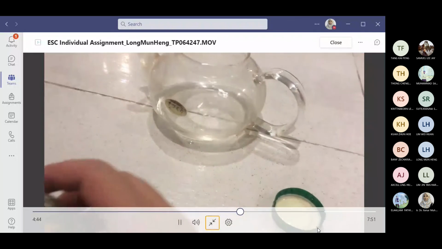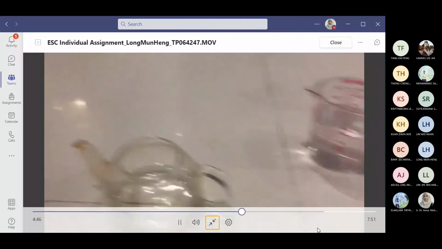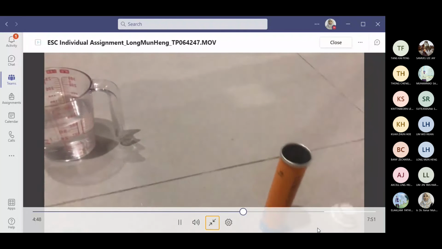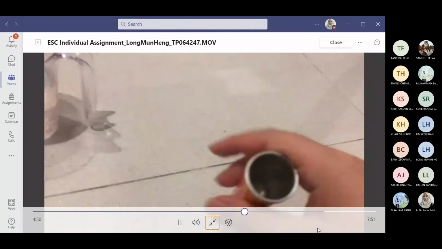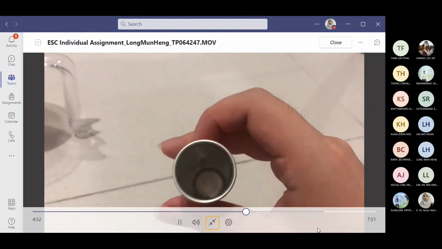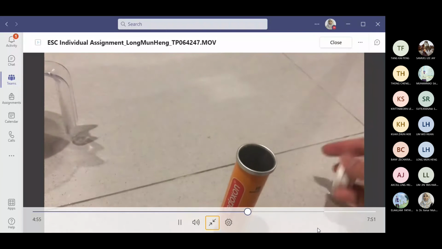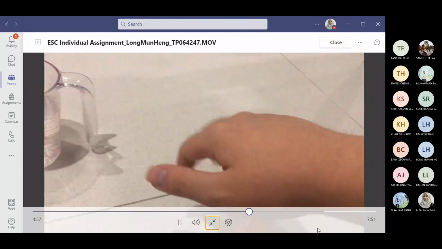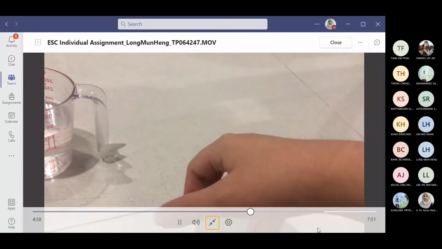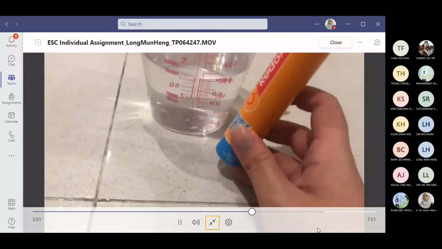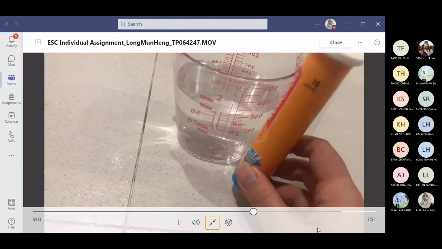Okay, so now the second bottle, which means the third experiment. As we can see, it's empty inside. So let's close it and then start. As we can see, it is higher than the water.